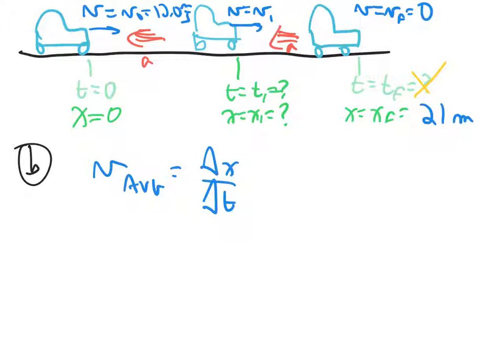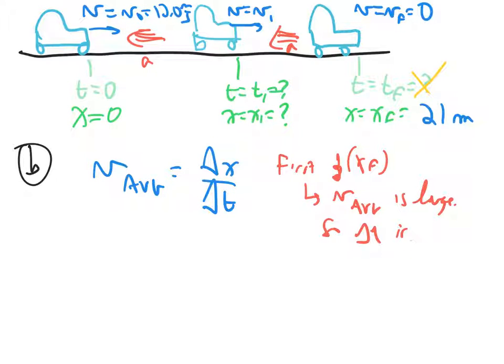So in the first half of the trip, in the first half of xf, we have a greater v average. V average is large, so delta t is small. And in the second half, we would have the reverse. We'd have that the average speed is small, so therefore the time must be large.